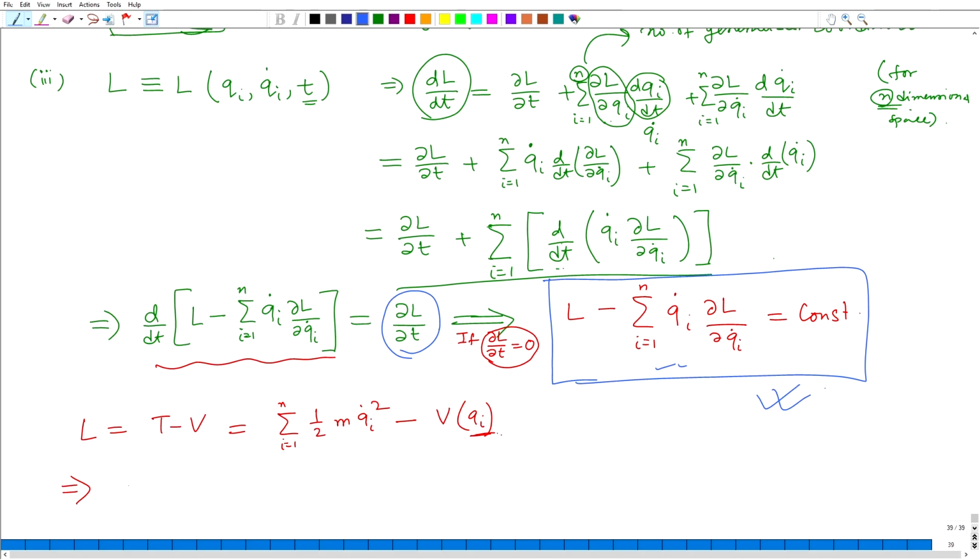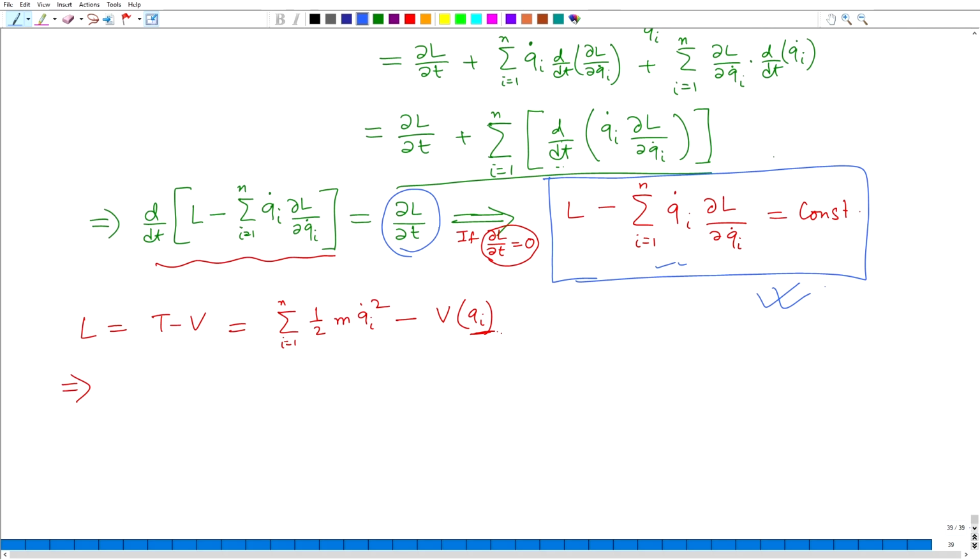Actually, then you have to calculate. So, I will not do the general calculation, but I will take a specific example: the example of a single particle moving under some potential, a function of x, y, z.